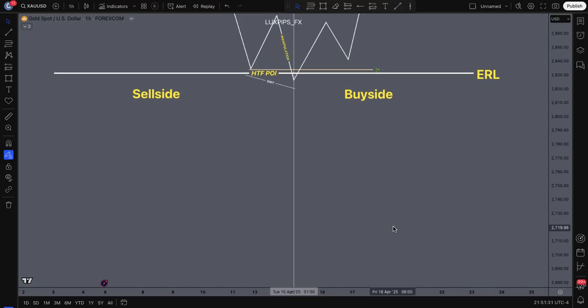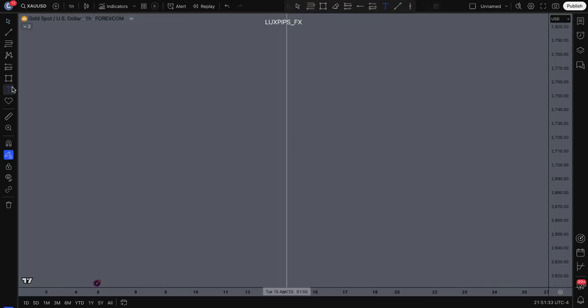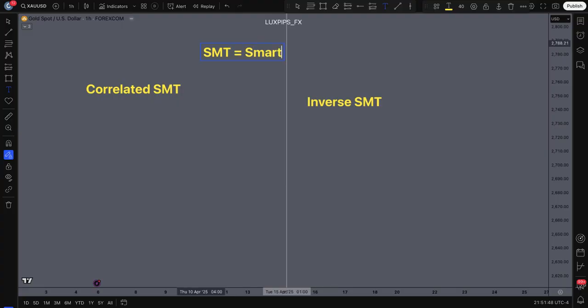There's two types of SMT. There's correlated SMT and there's inverse SMT. What is SMT? It means smart money technique, or it could be called divergence.